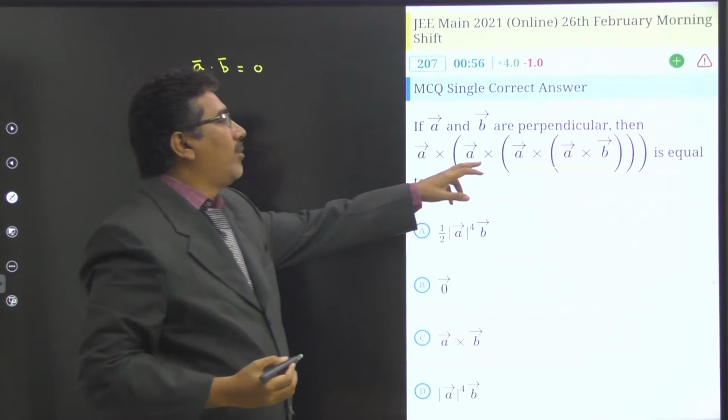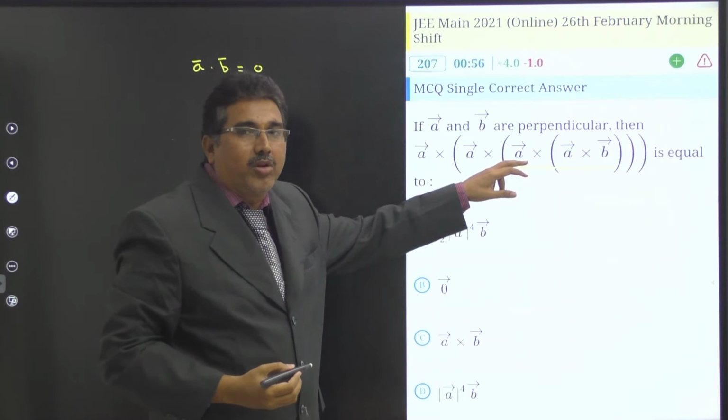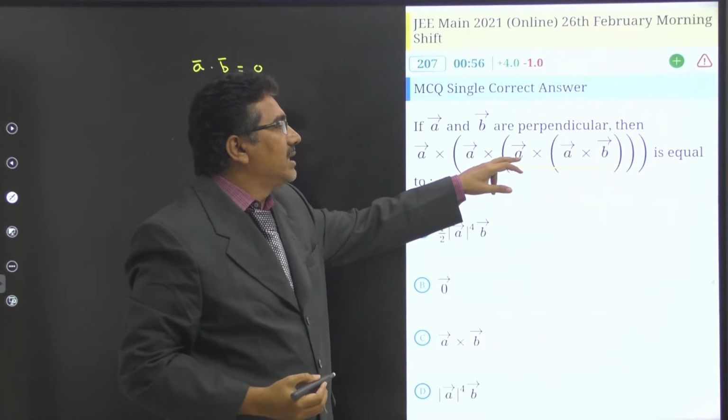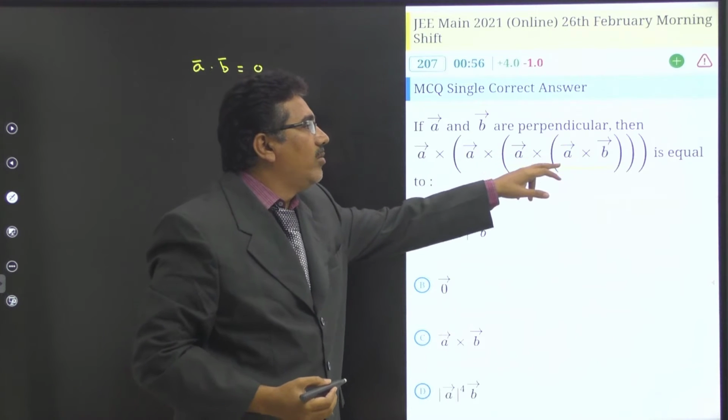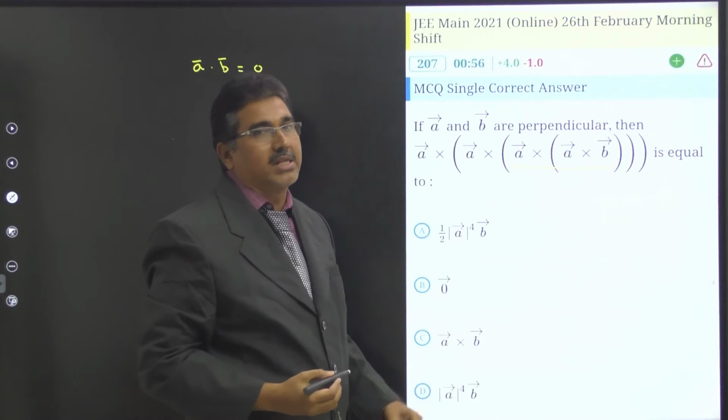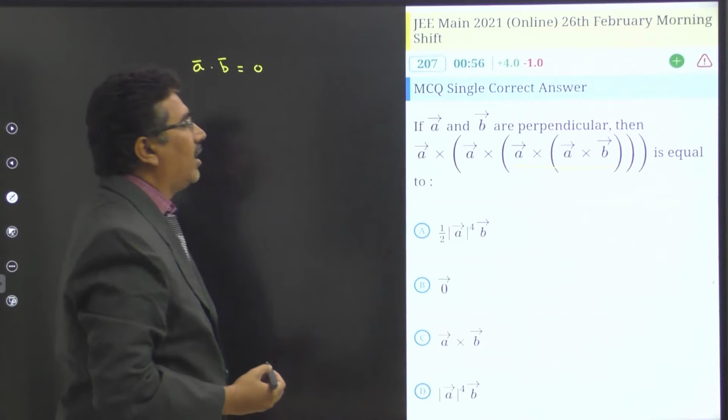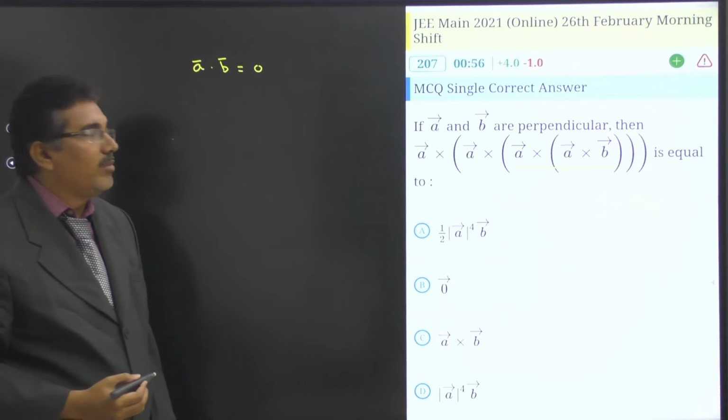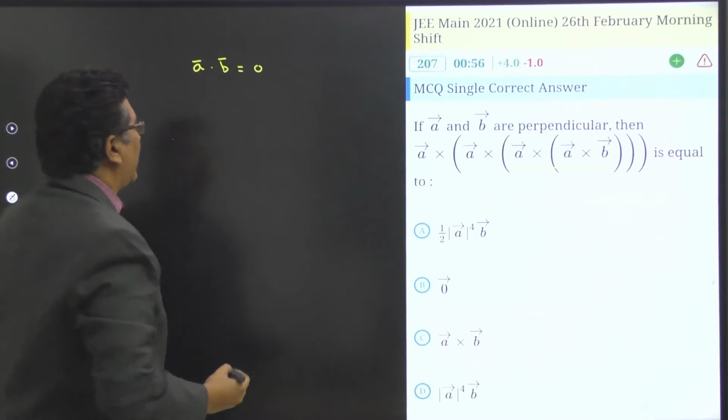Now apply the vector triple product definition. What is the definition of A bar cross B bar cross C bar?